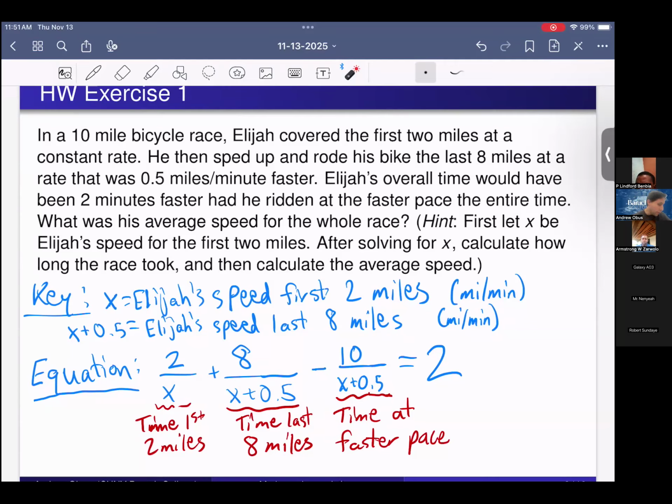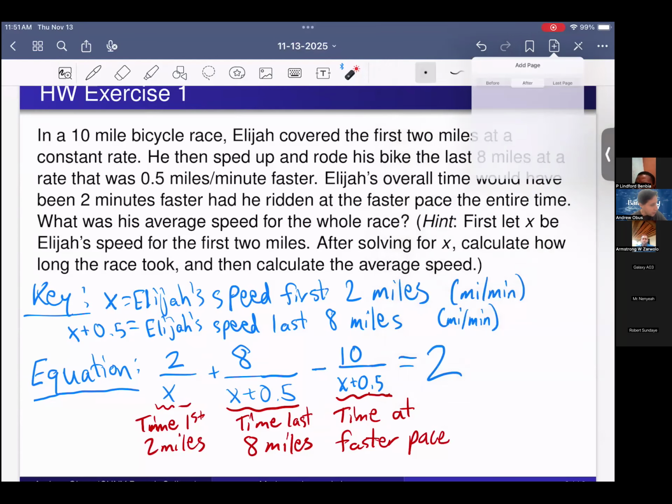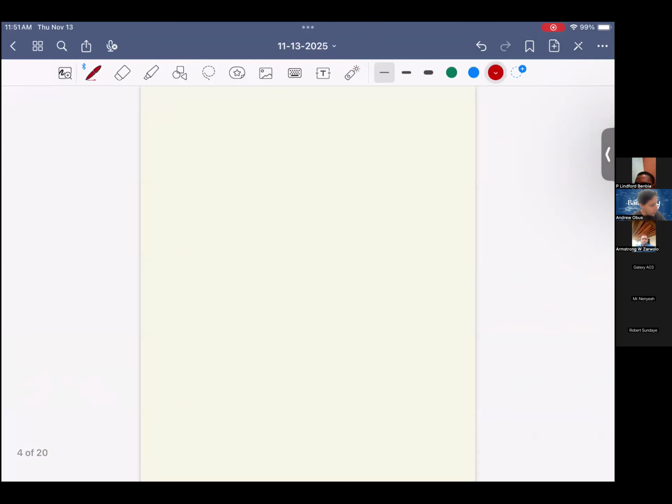Okay, good. All right, so no questions. So the first thing we can clearly simplify this. So I'm gonna write on a new page. I'm just gonna copy down the equation. So this gives us 2 over x plus 8 over x plus 0.5 minus 10 over x plus 0.5 equals 2. We can simplify this, right?